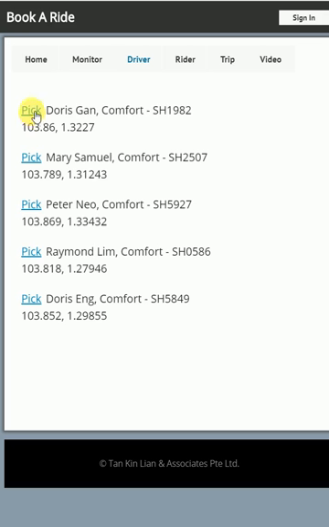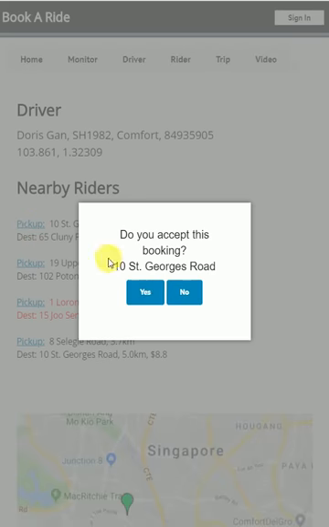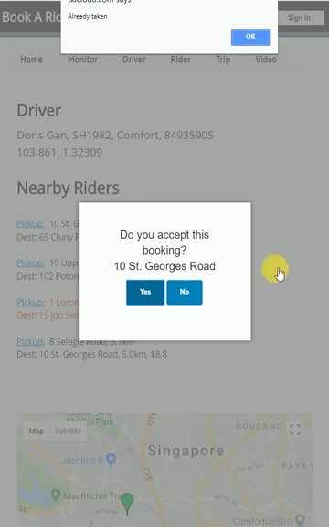Let's take a look at the driver called Doris Gan with this plate number, and this is the current location. This driver could see that there are 4 nearby bookings. These are the fares. And the nearest is 0.4 km away and can earn 12.7. So this is probably the best booking to accept.